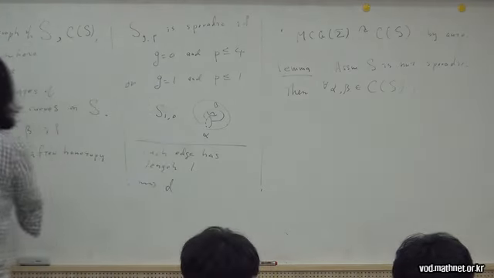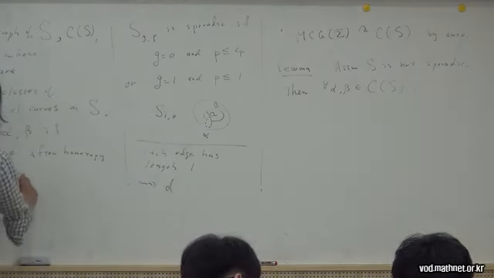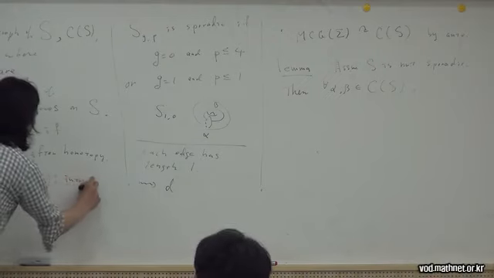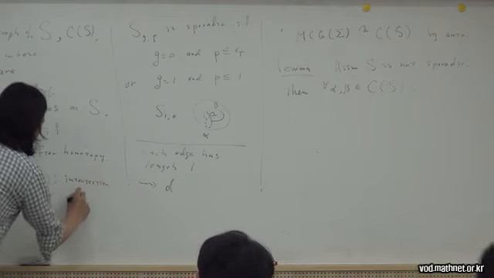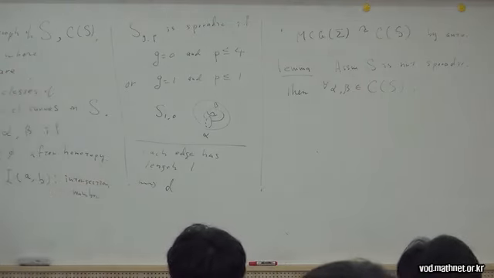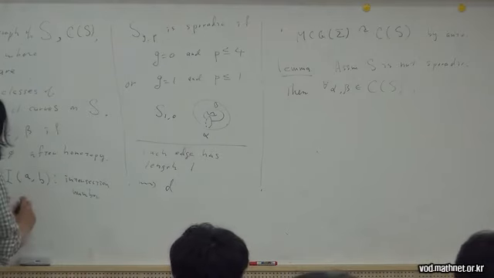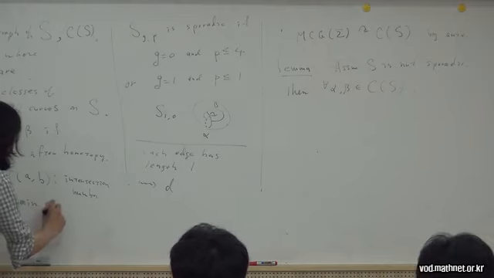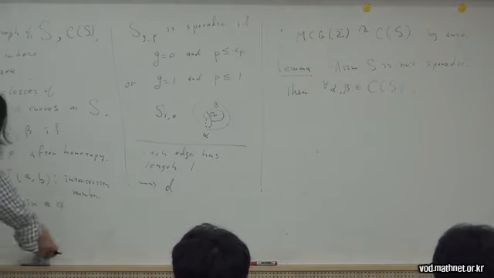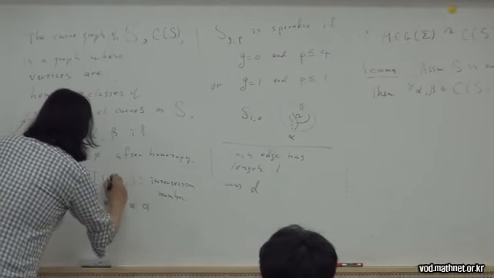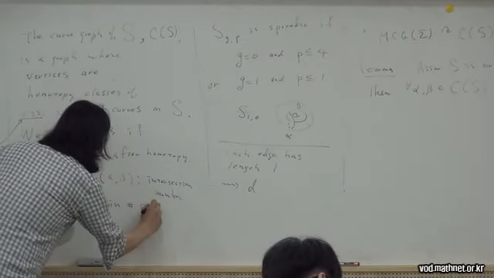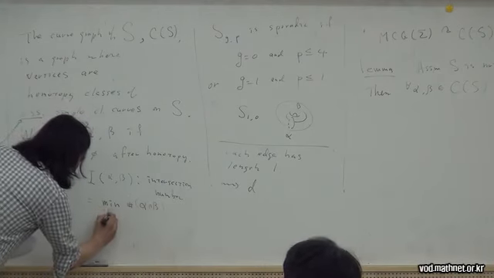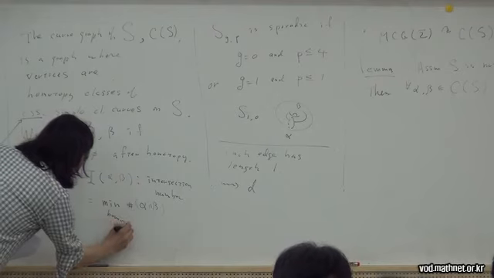And also here I should have said, this is the intersection number between alpha and beta, namely the minimum number of intersection points, up to homotopy.